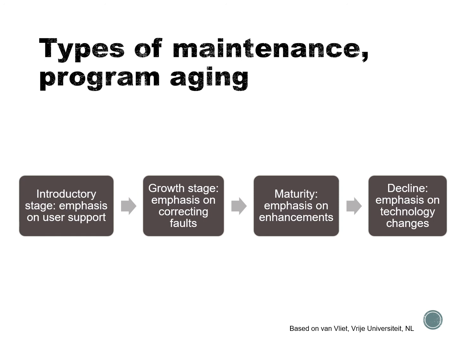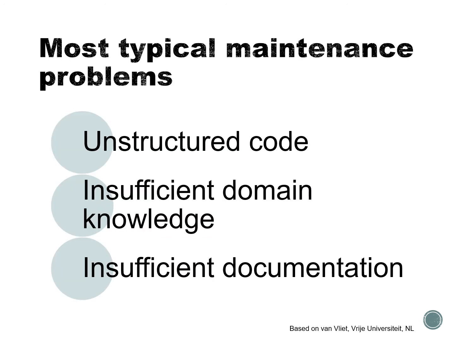But if this happens, you probably don't emphasize correcting faults or making enhancements or additions or doing user support in a product which is going away. So not only the type of maintenance, whether you are trying to add content or fix problems, but also the stage of your product dictates what you most probably are going to try to do on your software cycles.